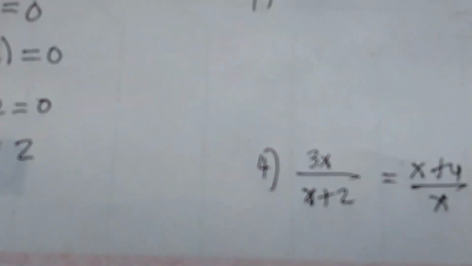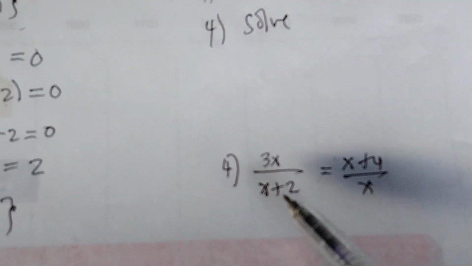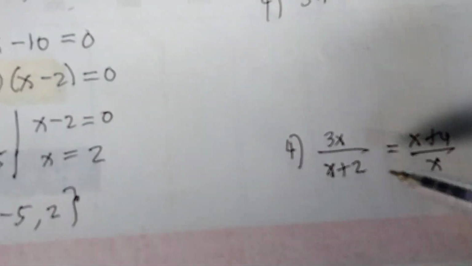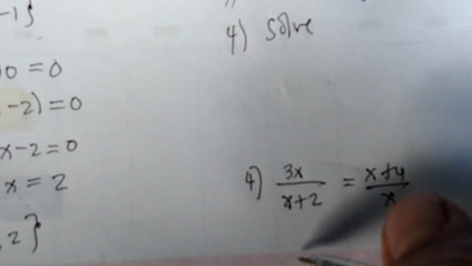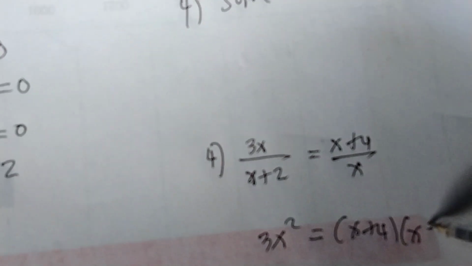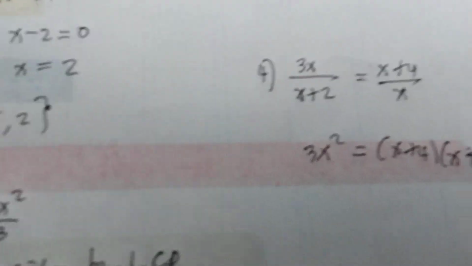Meaning to say, multiply ninyo si 3x og x, kani po siya x plus 2 og x plus 4. So you have now 3x times x, you have 3x squared is equal to x plus 4 times x plus 2. So mao na ang hitabo. You do the cross multiplication.